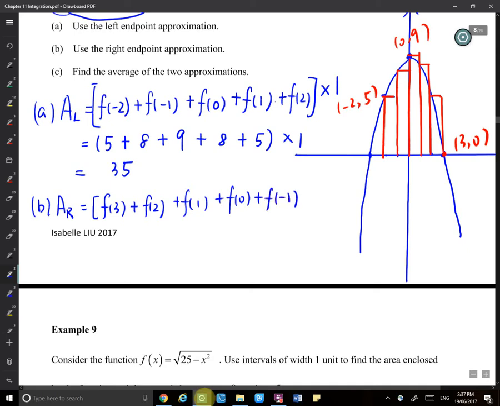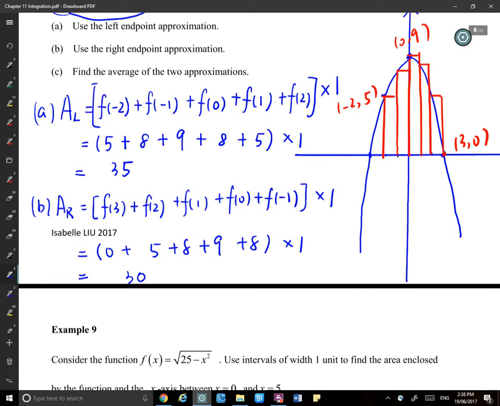You won't have the most left-hand side point. So f(3) is 0, so 0 plus 5 plus 8 plus 9 plus 8, times 1. 2 times 8 is 16, 16 plus 9 is 25, 25 plus 5 is 30. So you have an area of 30.